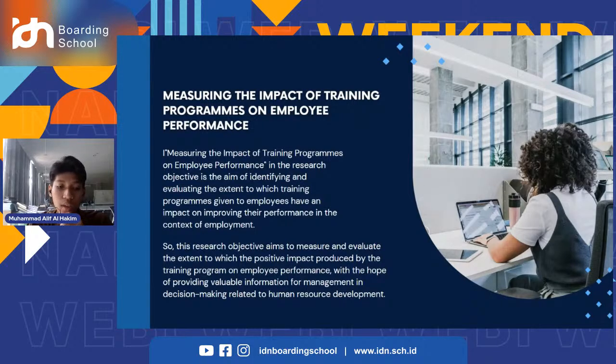So, this research objective aims to measure and evaluate the extent to which the positive impact produced by the training program on employee performance, with the hope of providing valuable information for management in decision making related to human resource development.